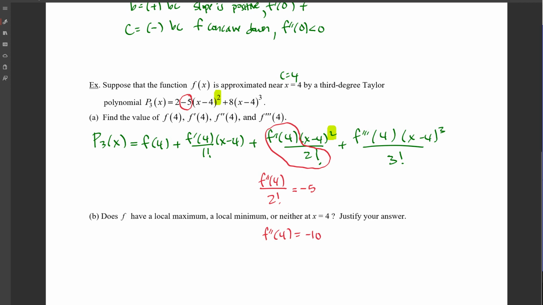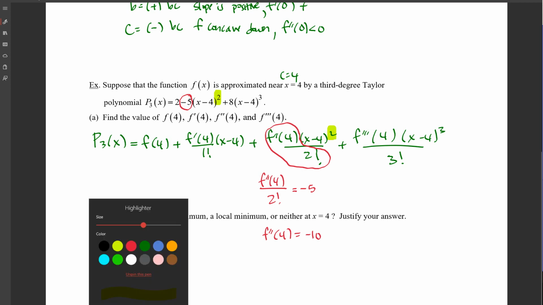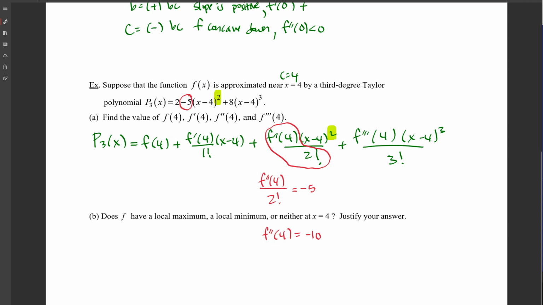Let's look at the third degree problem here. This is saying that this coefficient with the third degree, x minus 4 third degree, is equal to this coefficient right here. Now what students do wrong is they'll ignore the 3 factorial.